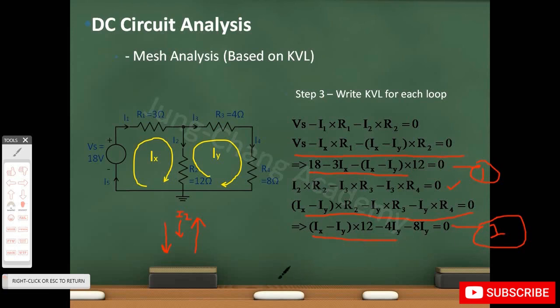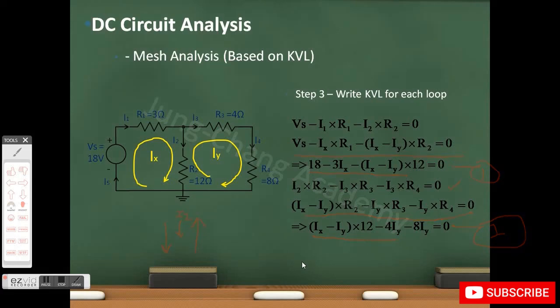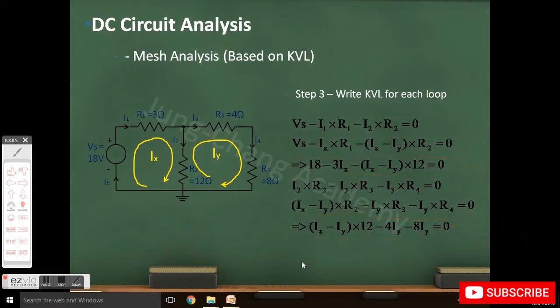Notice that we have two equations and two unknowns, Ix and Iy, so we can solve it using linear algebra. I'm not gonna go through the details here because I don't want you to get trapped in all the numbers. The important things are the steps and how to use nodal and mesh analysis for different circuits.